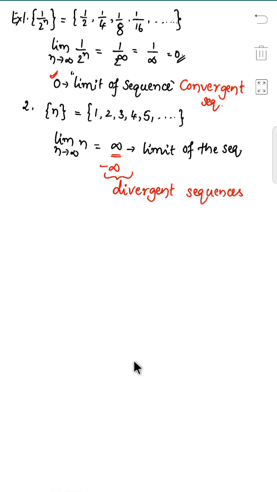Okay, there are some sequences which neither converge nor diverge. We'll see one example of such a sequence: (-1) to the power of n. If you write this sequence, it is nothing but -1, plus 1, -1, plus 1, and so on.